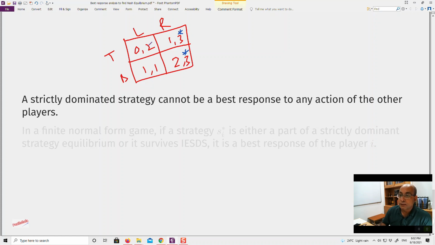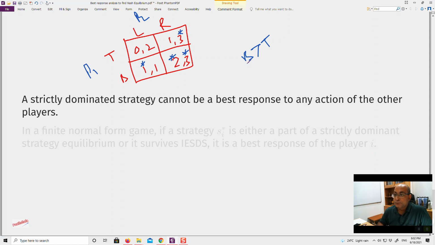Okay. Now against left by player 2, player 1 has a best response. This is this, that is bottom. Against right, the best response is again bottom. Now you see one interesting thing here. For player 1, action B is strictly dominating action T because 1 is greater than 0 and 2 is greater than 1.